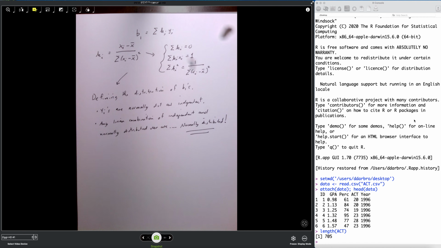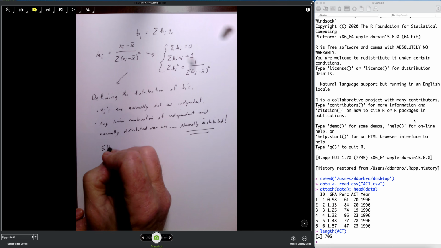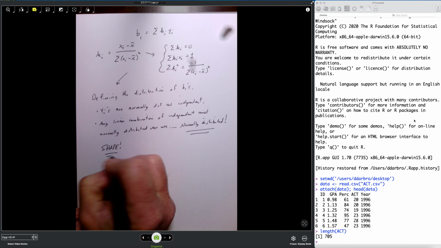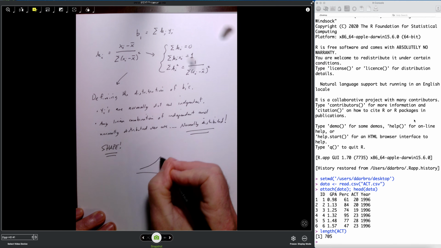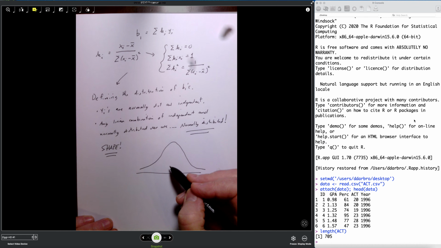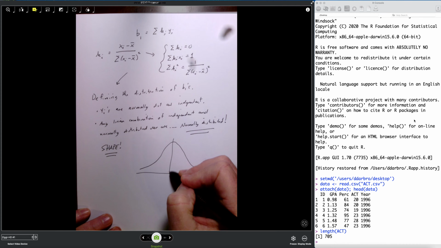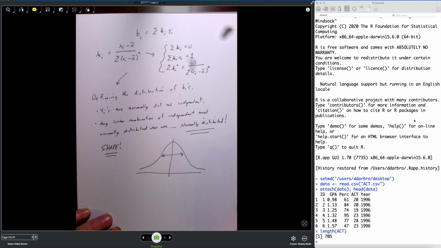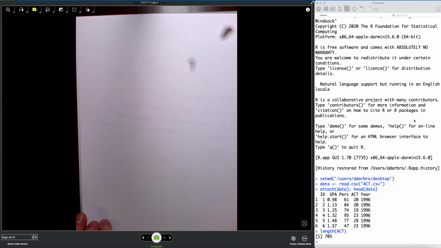That makes me happy. I hate to sound like a big old nerd here, but now I know that my shape is defined. I have a normal distribution. Now I can put tunnel vision on the two characteristics that define it: what's the center and what's the spread? Once I define my center, my mu, and my standard deviation, my spread, I have totally defined my normal distribution.